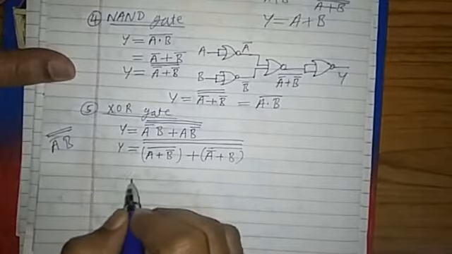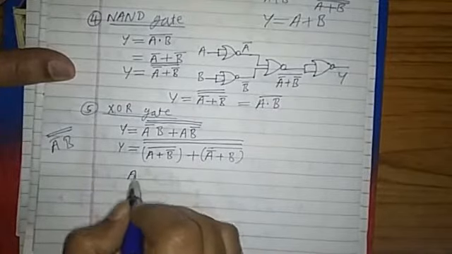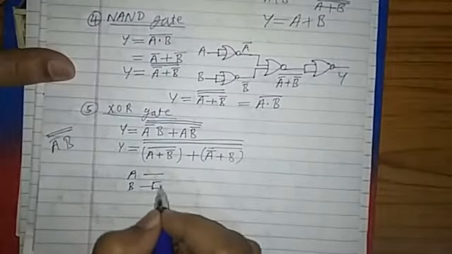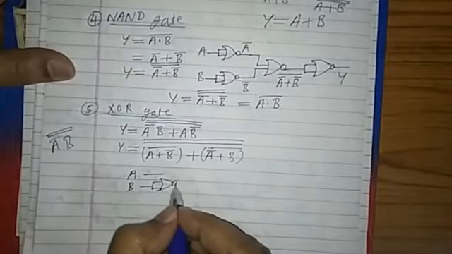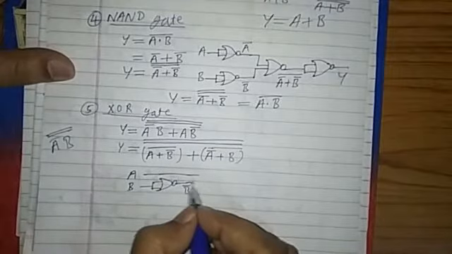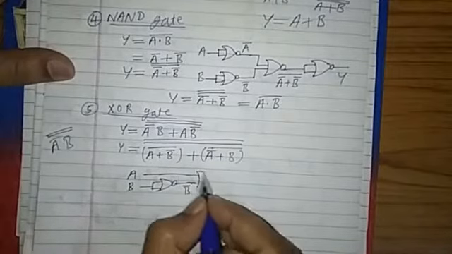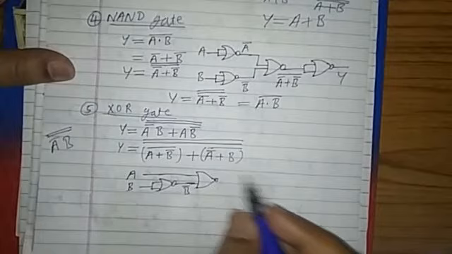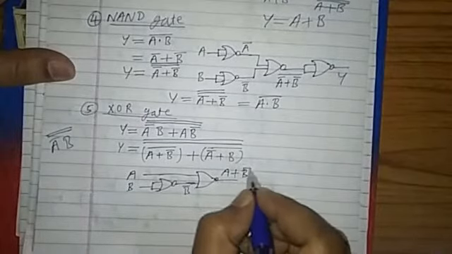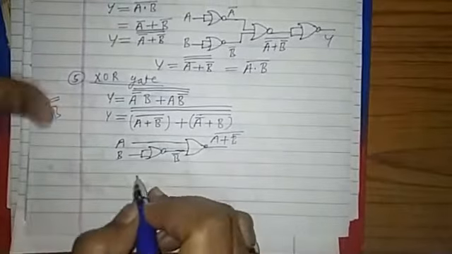This will be written as A, B, B bar. This can be taken as a NOR. This is A plus B bar whole bar. Now similarly I'll take this also.